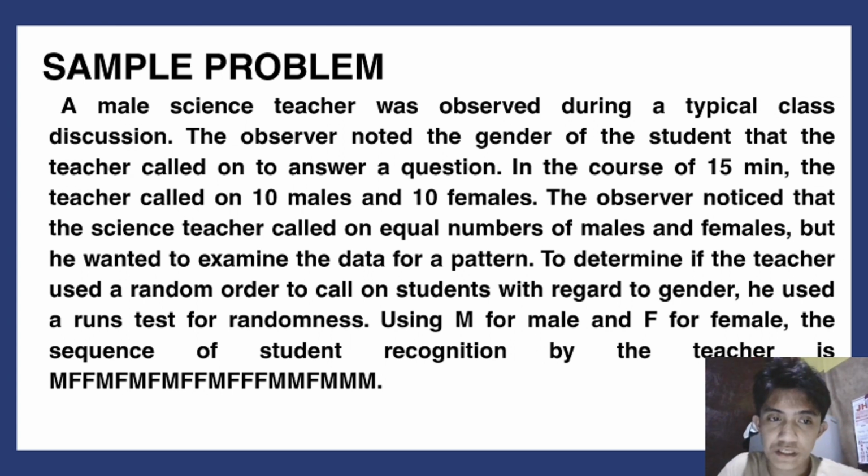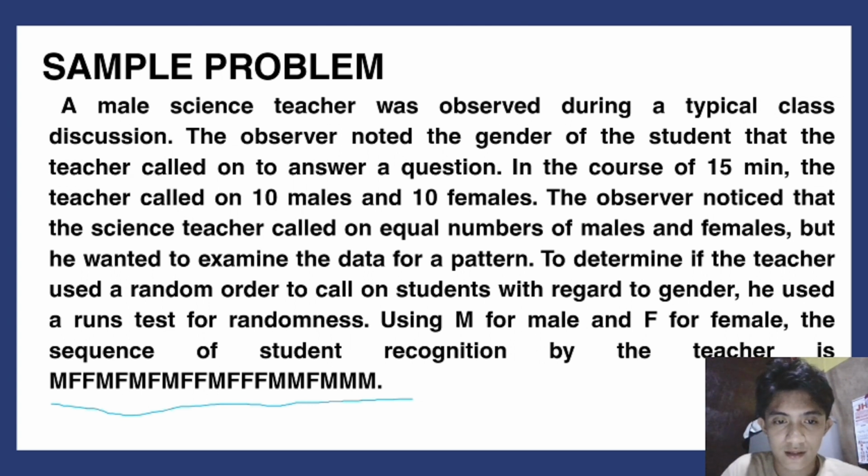To determine if the teacher used a random order to call on students with regard to gender, he used a runs test for randomness, using M for male and F for female. The sequence of events recorded is M, F, F, M, F, M, F, M, F, F, M, F, F, F, M, M, F, M, M, M. So this is our series of events.